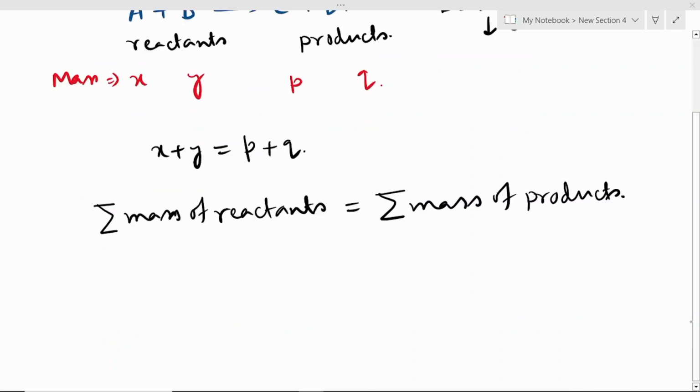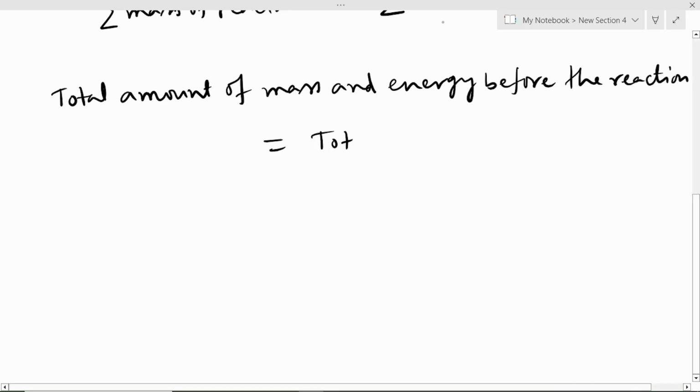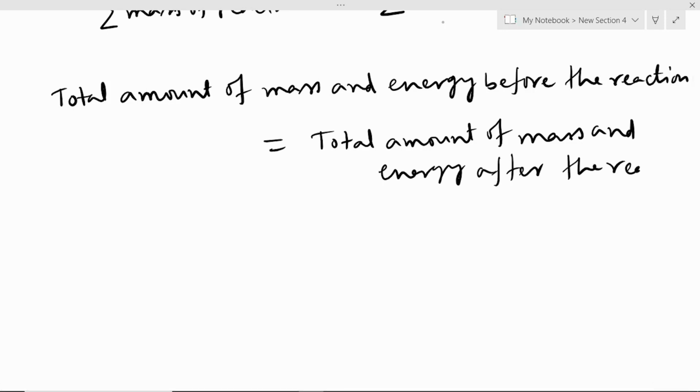It is better if the law is modified such that the total amount of mass and energy before the reaction will always be equal to the total amount of mass and energy after the reaction.